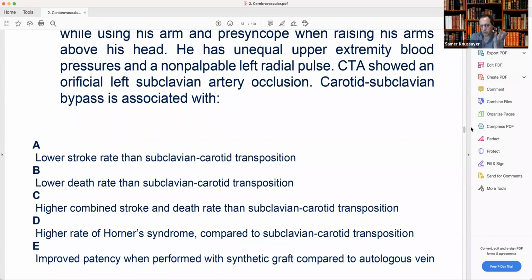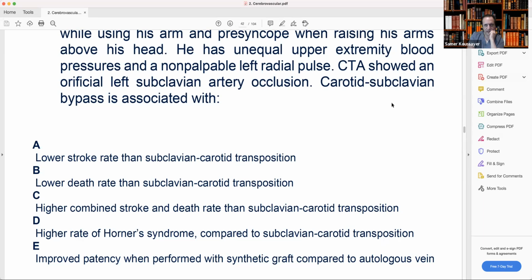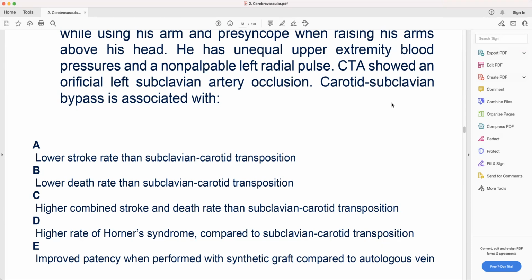We always use synthetic and don't even think about autogenous, unless there's a condition like infection, which would be extreme. Our first line is always a synthetic graft. So it's clear: no difference in patency, stroke, or death, but to get a good result you have to use synthetic graft.